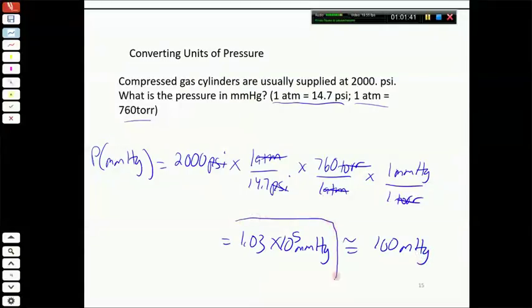All right, so this was just a simple example of unit conversions. The other thing it shows us indirectly is that if we wanted to measure the pressure inside of a gas cylinder, we would need a mercury column that was 100 meters tall, which is about 310 feet tall. So what this shows us is that these mercury manometers, mercury barometers, are not very convenient for measuring really high pressures.